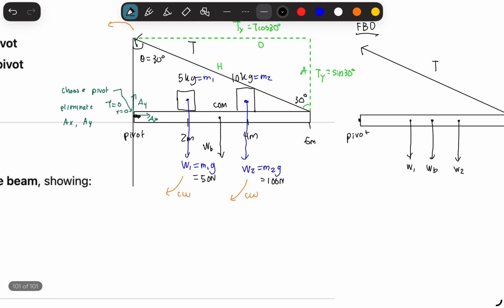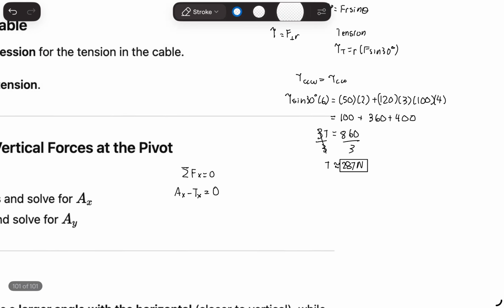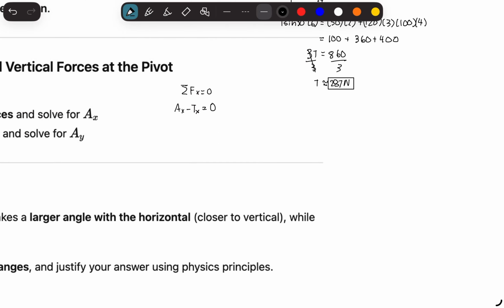AX is going to the right, and AY is going in the opposite direction. So you can write this as AX minus T cosine of 30 degrees.